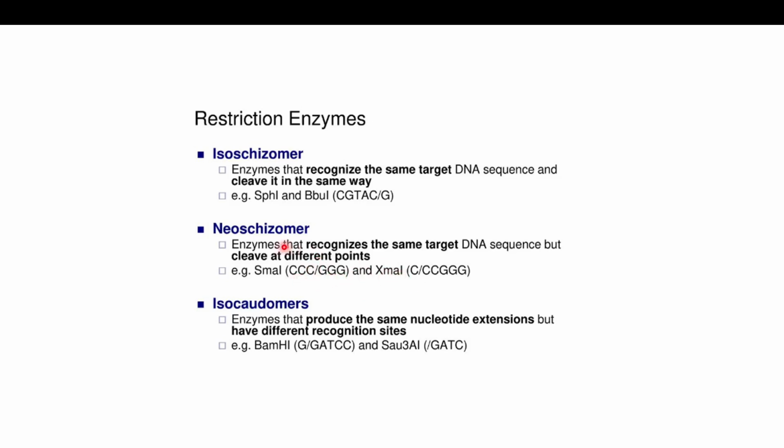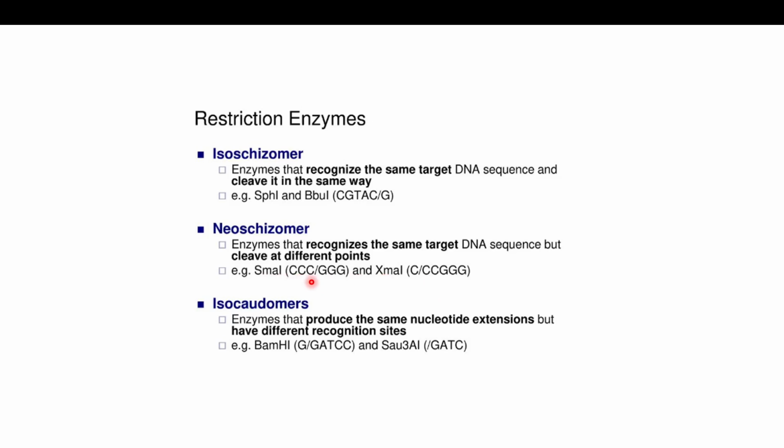And XmaI is also recognizing this same sequence, CCCGGG. However, it is cutting between the first and second C nucleotides. Thereby, XmaI is recognizing the same sequence but generating a sticky end, whereas SmaI is generating a blunt end.